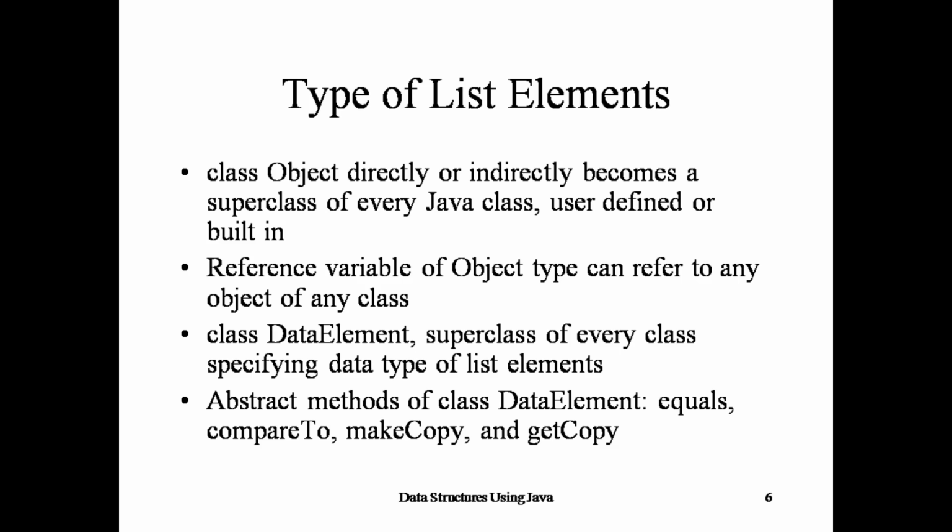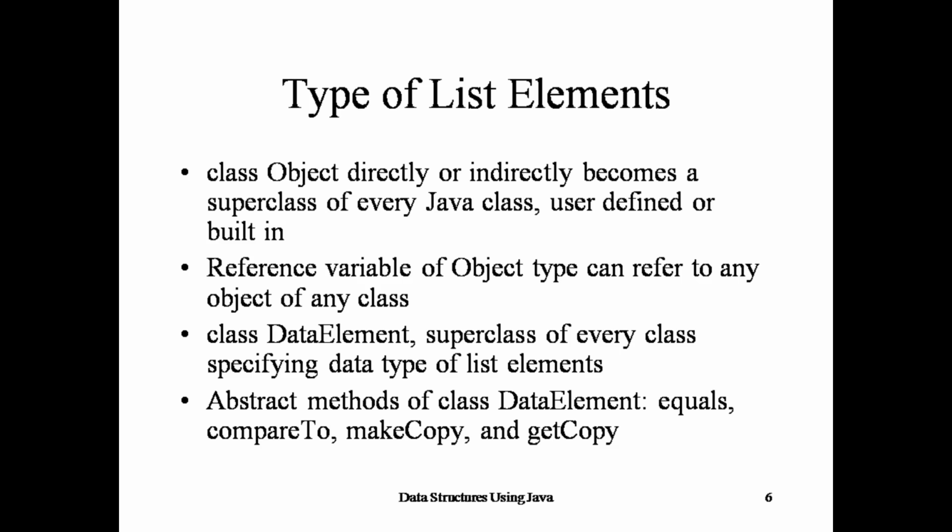The class Object contains the method equals to compare two objects for equality, and the method clone, which returns a reference of a copy of an object. However, the class Object does not contain any method to compare two objects for a less than or greater than relationship.